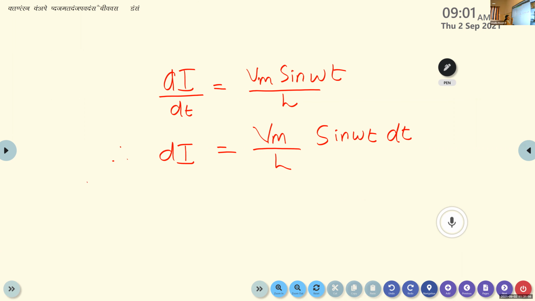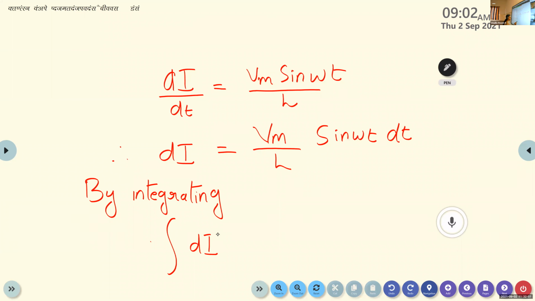So by integrating, we get integral di is equal to integral Vm by L into sin omega t dt. Here di is equal to Vm by L into sin omega t dt, a small value of current that is passing through the inductor.